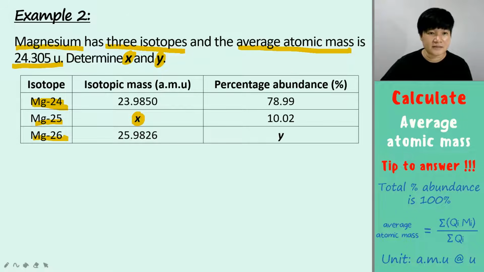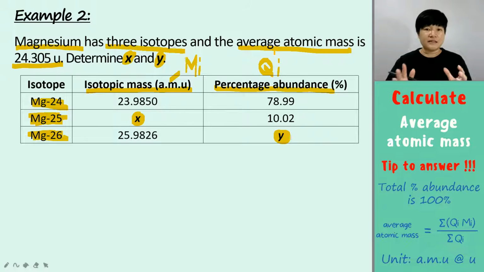The X is the isotopic mass of magnesium 25. So we are looking for the Mi of magnesium 25 for the X. While the Y is the percentage abundance of the magnesium 26 isotope. In other words, the Y is the Qi.